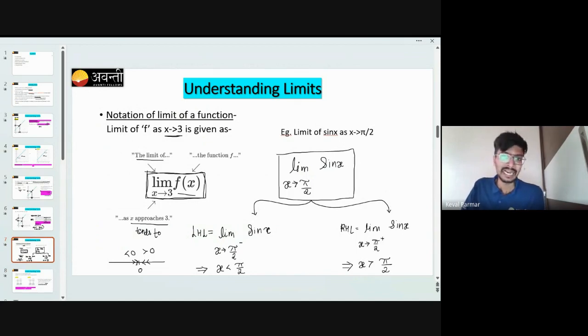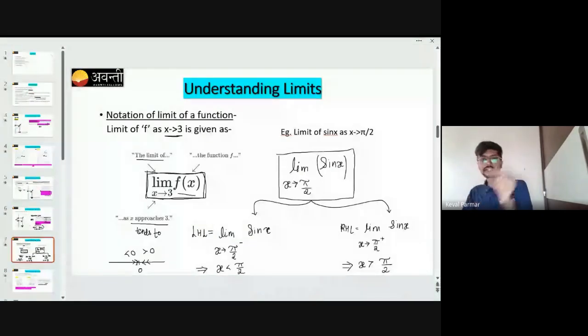For example, if I take limit of sin x as x tends to pi by 2, how can I write it? I will simply write LIM, which means limit of. Here we have to write the function f of x, here it is sin x. And here below limit, we have to write what value x approaches. Here x approaches pi by 2. Example, here x was approaching 3.